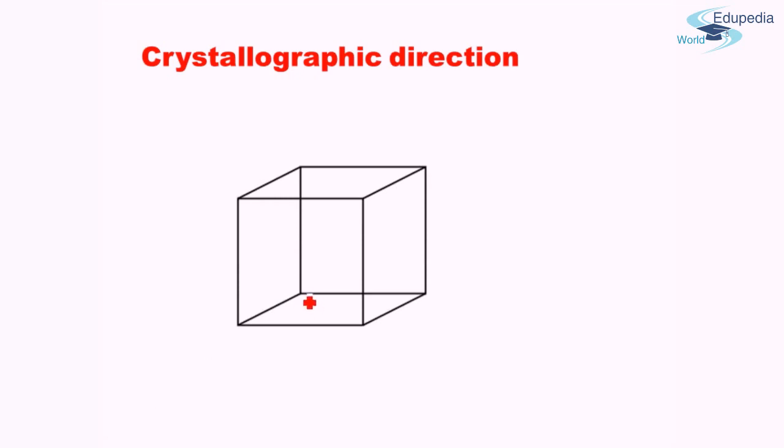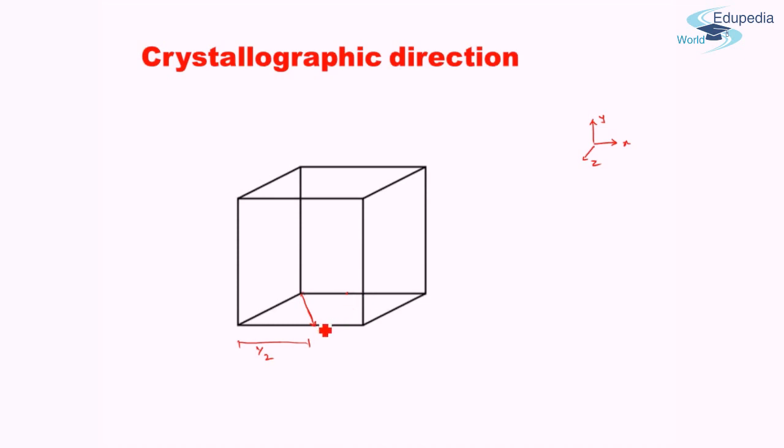Let's say I have this direction. What will be the Miller indices for this direction? And I am using the same convention, the x-axis, y-axis and z-axis, and I say that this is again half the length, 1 by 2. Okay, so how can I get from here to here? What I need to do is I need to traverse half length in x direction, this is half x, and one complete length in y direction, right?